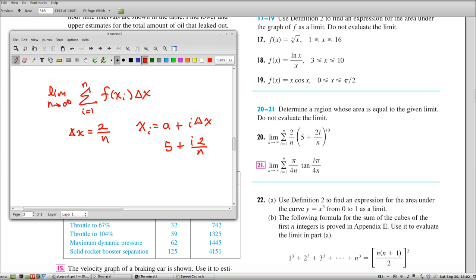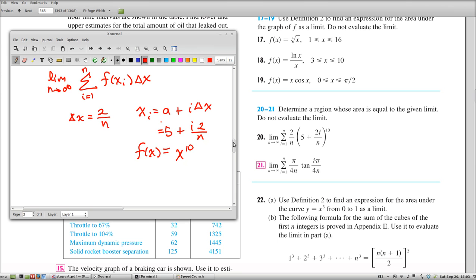See how this is consistent with what we already picked for delta x, so that looks good. And so as a function, it is x to the 10th power, because that's the function that's being applied to xi.